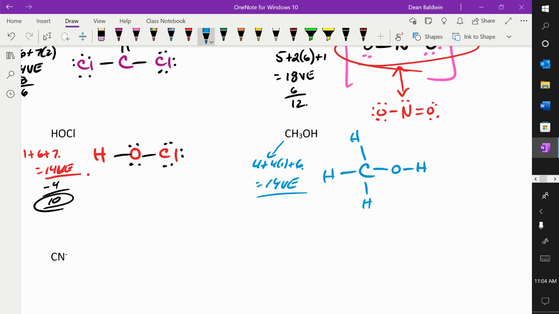How many valence electrons have we accounted for with all the bonds here? 2, 4, 6, 8, 10. So I have 4 left over. Where did they go? On the oxygen, because oxygen is the only one that doesn't have its 8 electrons yet, or its full outer shell yet. They just dump them there. Okay?